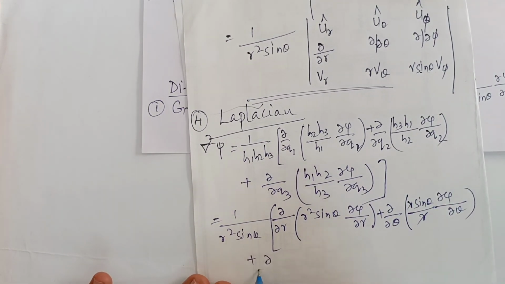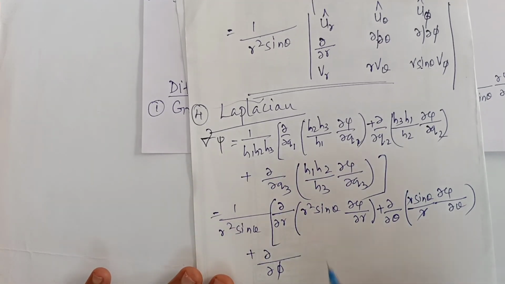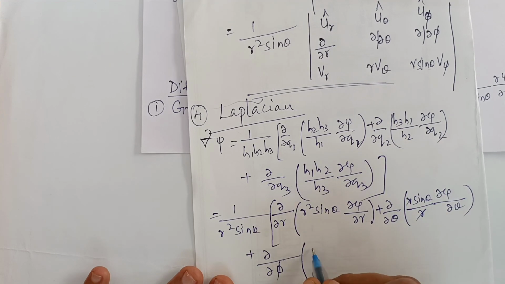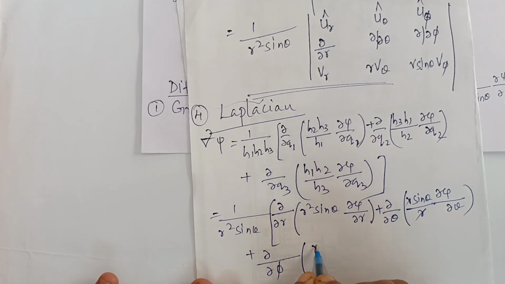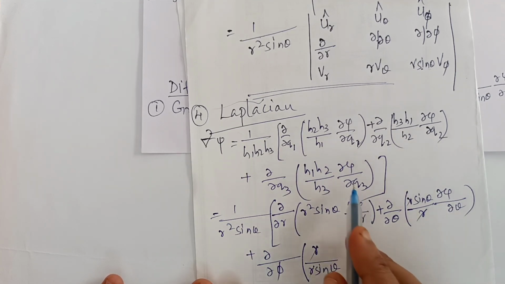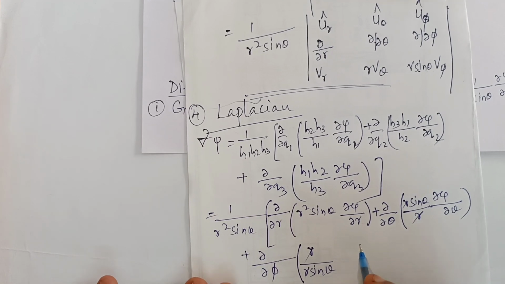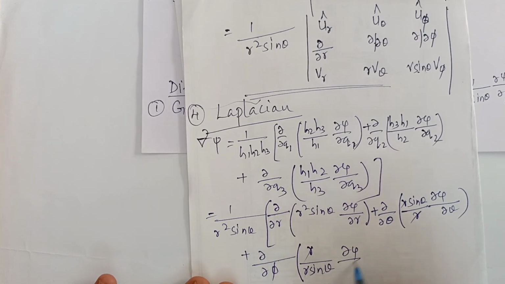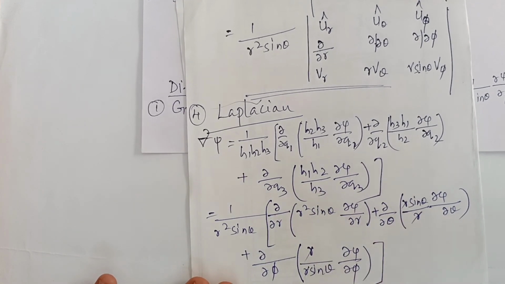Plus again dou by dou Q3. Q3 is dou phi. H1 is 1 and H2 is R, so it will be R. Now H3 is in the denominator as R sin theta, so R and R get cancelled and you get only 1 by sin theta into dou psi by dou Q3. Q3 is again phi.